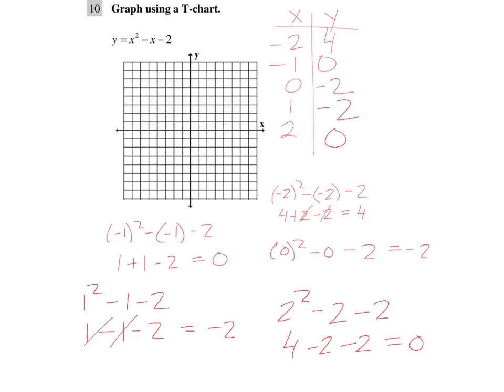All right, so applying these points, I have negative 2, 4. Then I have negative 1, 0. Then I have 0, negative 2. Then I have 1, negative 2. Then I have 2, 0. All right, so you could already see what's happening with this parabola. That's all there is to it.